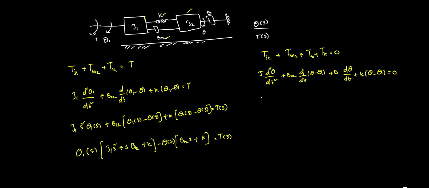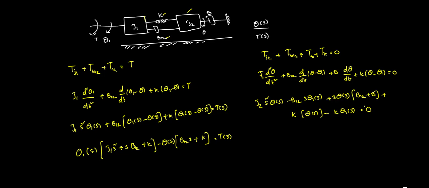Then again applying the Laplace transform, J2 s square theta of s minus B12 s into theta 1 of s plus s into theta of s into B12, plus B plus K into theta of s minus K into theta 1 of s is equal to 0.